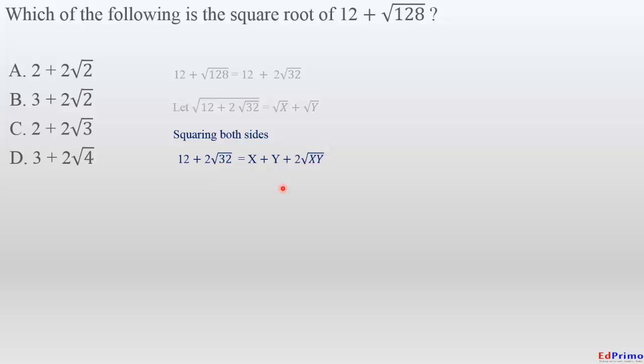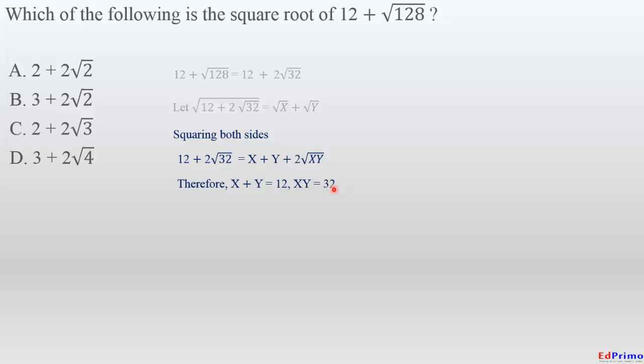Once this stage is arrived at, we can clearly see that x plus y, that is the term before the surd, should be equal to 12, and x into y, which is inside the root, should be equal to 32. We write this down as an equation. x plus y is 12, x into y is 32.